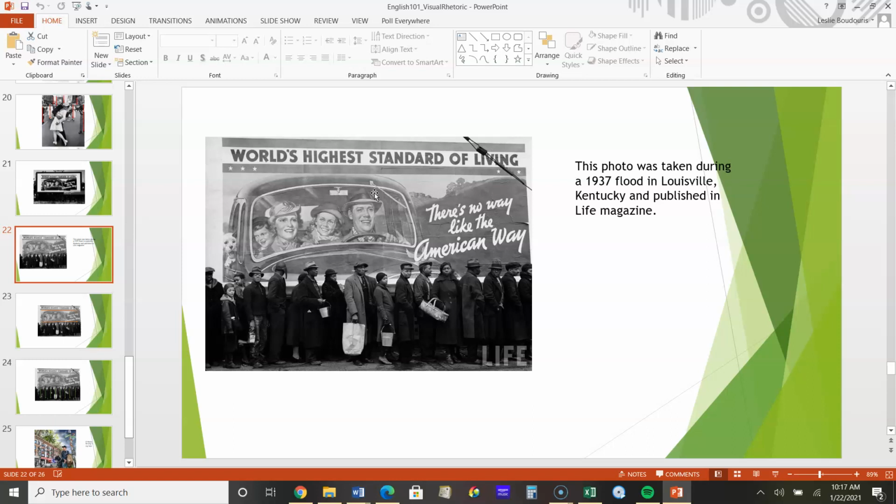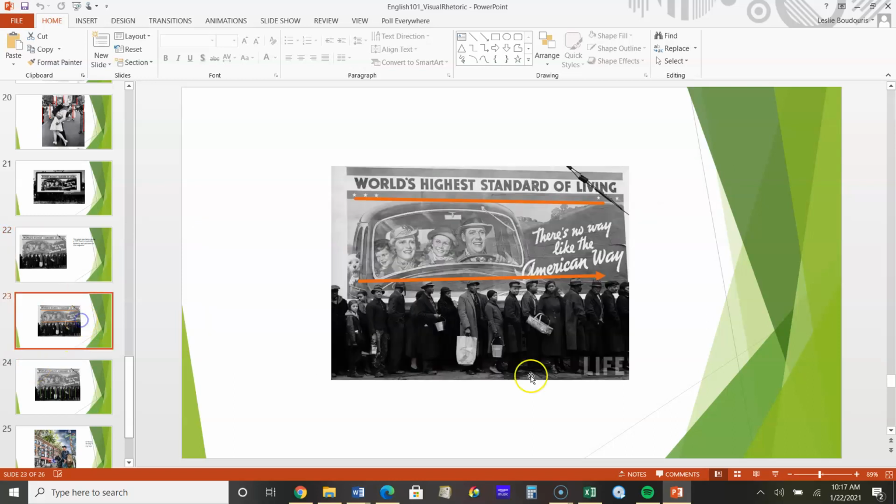What I like about this image is the lines there are very specific. It's a very moving image because there are these two different examples of America going on in the 30s, of course when there was a plethora of hardship going on at that time. So that's an example too.